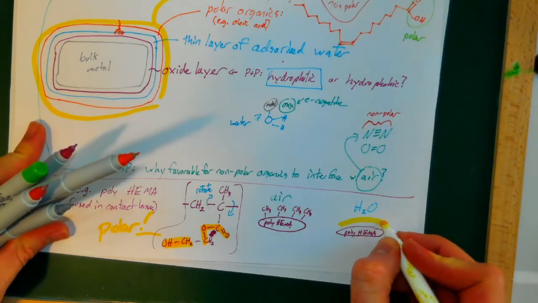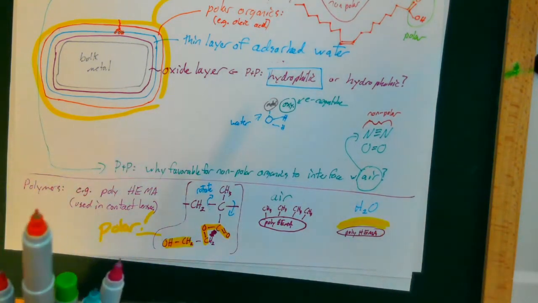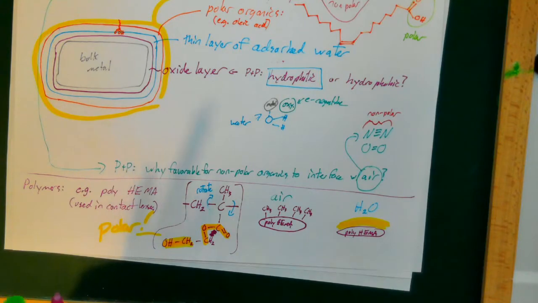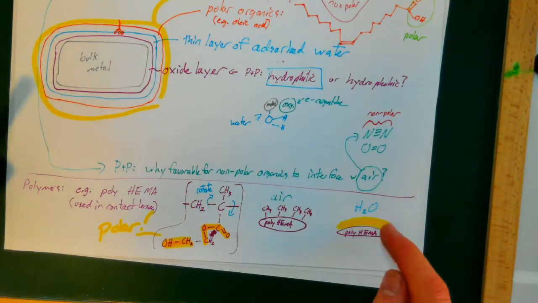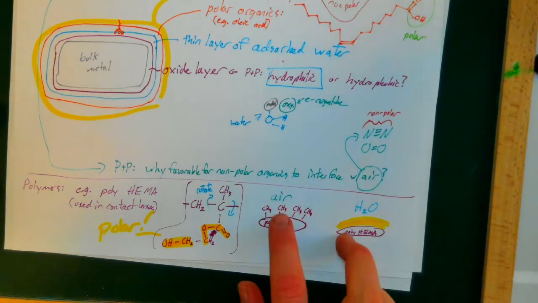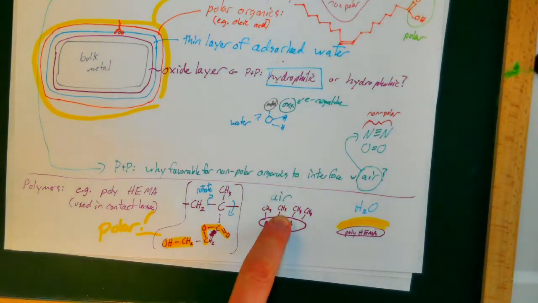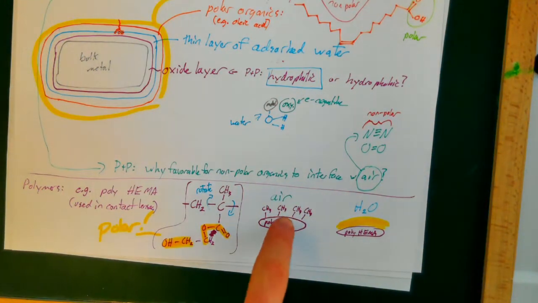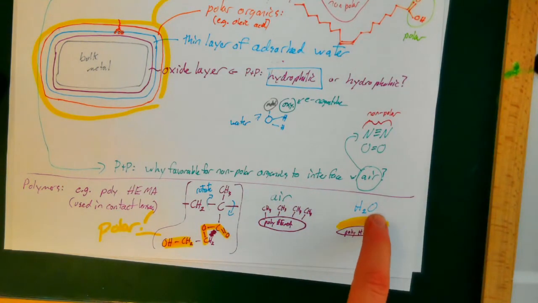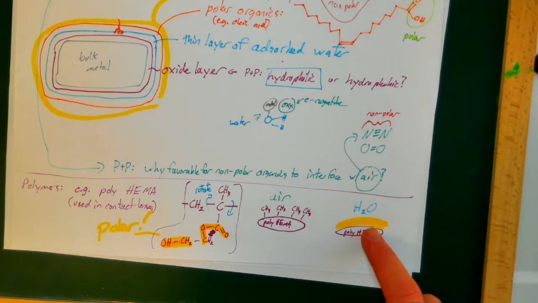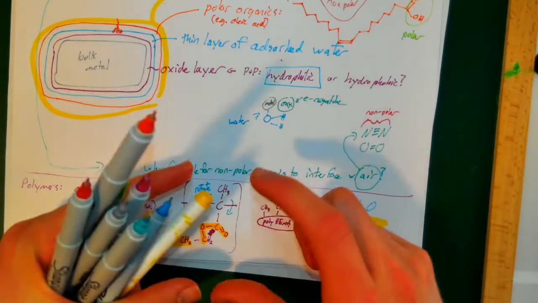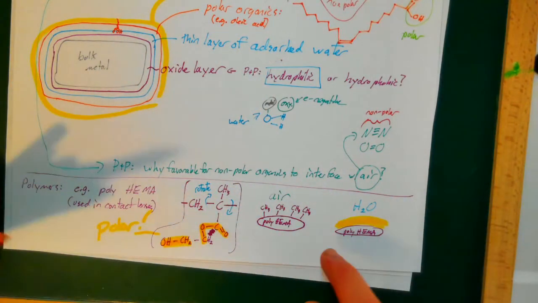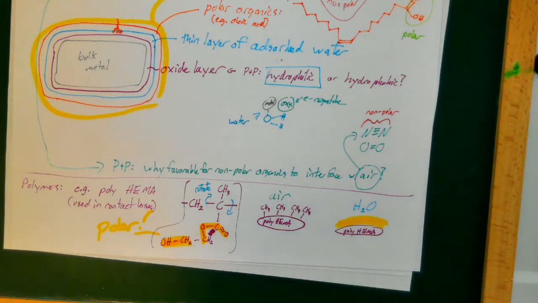So I get all of the polar groups, all of these things right here. Basically, because this molecule rotates, if I put it in air, it would appear to be a hydrophobic polymer. And if I put it in water, it would appear to be a hydrophilic polymer, even though it's the same polymer. It just flipped itself around to change its state depending on what environment it's in.